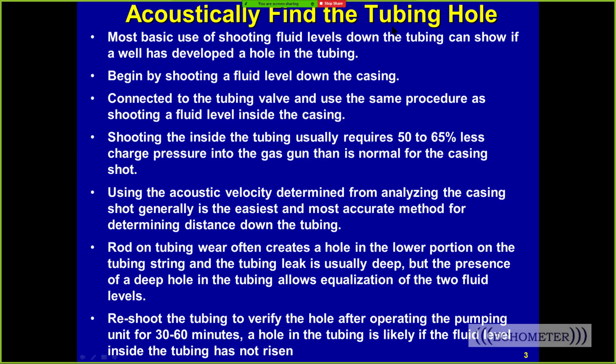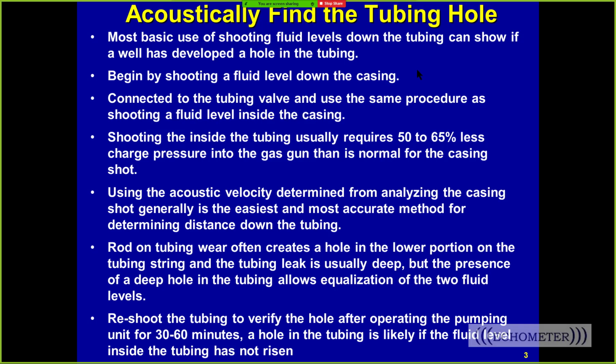So when we talk about shooting a fluid level to find a hole in the tubing, we've been shooting fluid levels for a long time, and the idea of seeing a hole in the tubing requires that there be a gas on both sides of the hole.